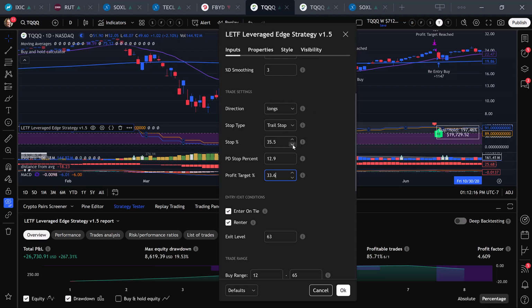The other thing I want to point out is that when it comes to drawdown, if you have a trailing stop of 35.5% set in this as a stop, that's your max drawdown, really. That's 35.5% from the highest prior point on the chart that you're going to drop before you get stopped out.